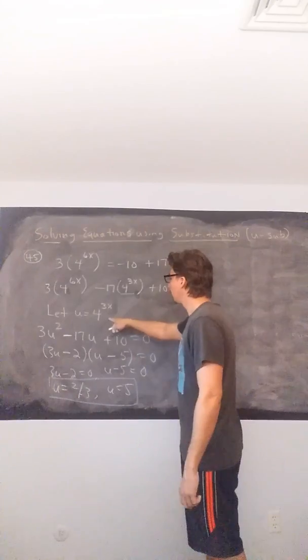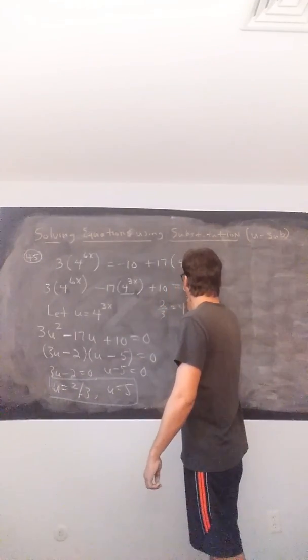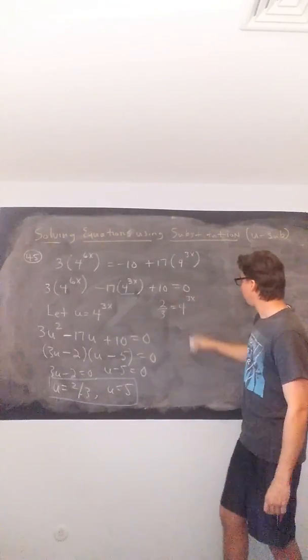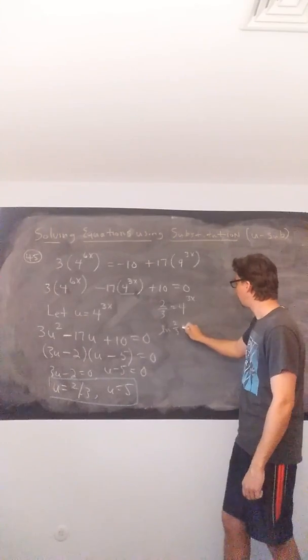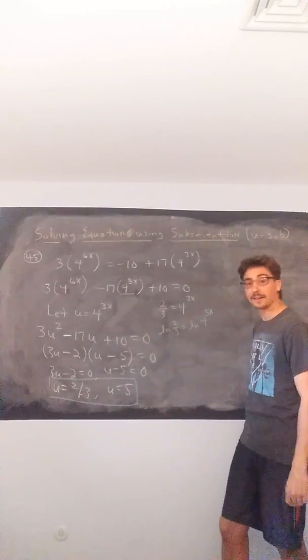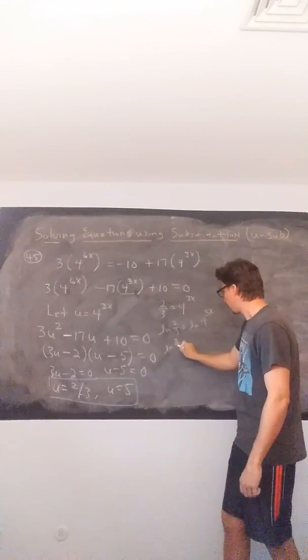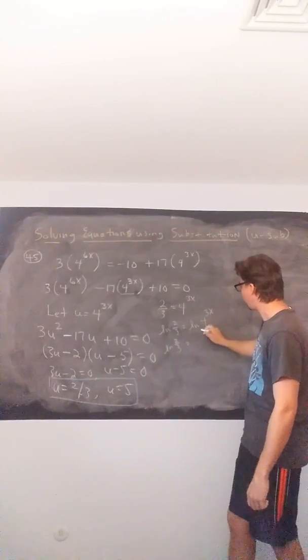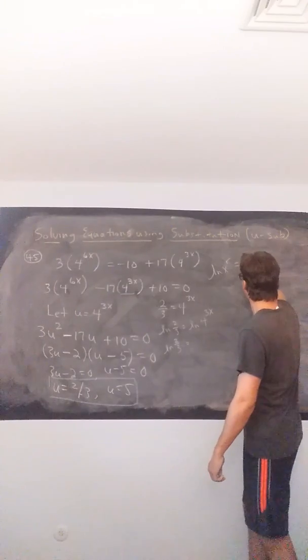So if we have u as 4 to the 3x power, that means we got 2/3 equals 4 to the 3x. So to solve this, we'll take the ln of both sides. So you got the ln of 2/3 equals the ln of 4 to the 3x, right? Remember our property, if you have ln x to the r, that's r ln x.